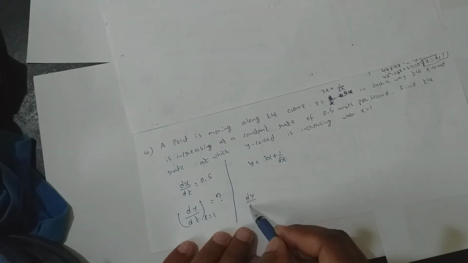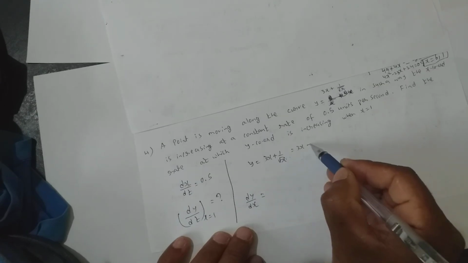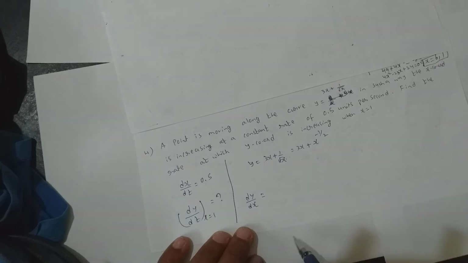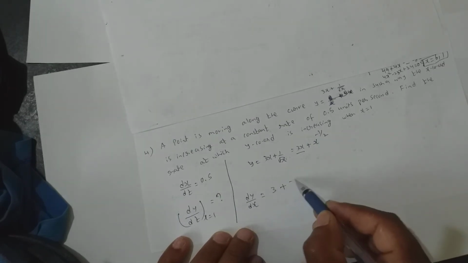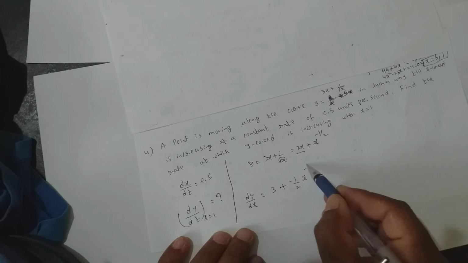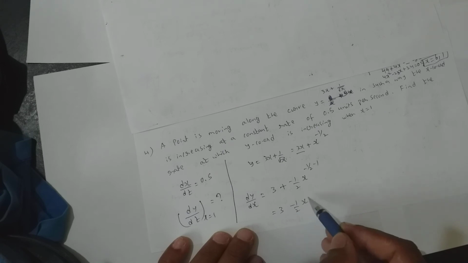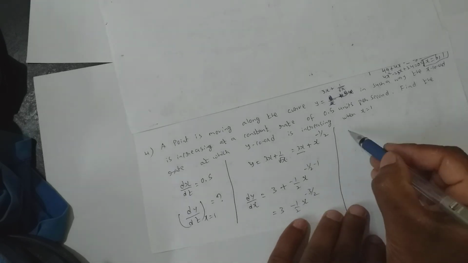Can I get dy by dx directly? No. It is 3x plus x power half, that will go up, becomes x power minus half. So now 3x differentiation is 3 and x power minus half is minus 1 by 2 into x power minus half minus 1. So that is 3 minus 1 by 2 into x power minus 3 by 2. So dy by dx you got.